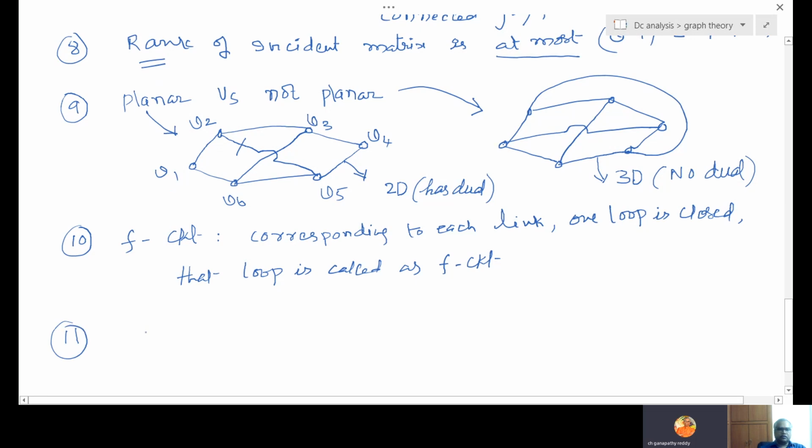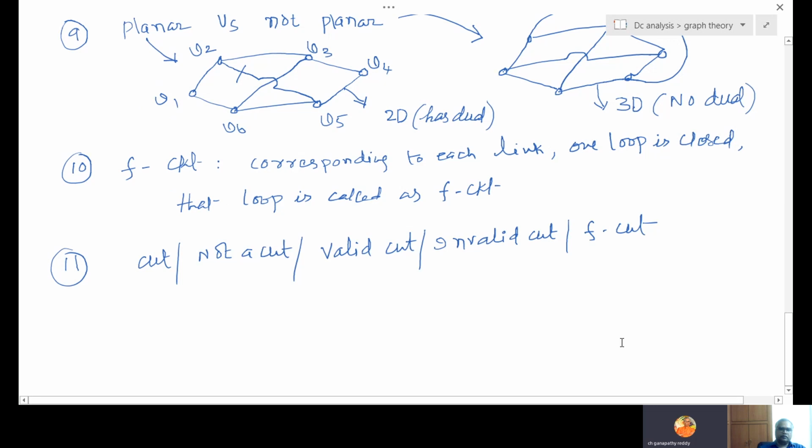Next, cut, not a cut, valid cut, invalid cut, fundamental cut. So this definition is like this.